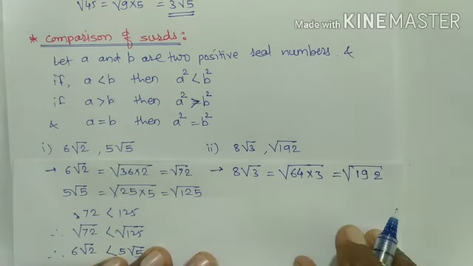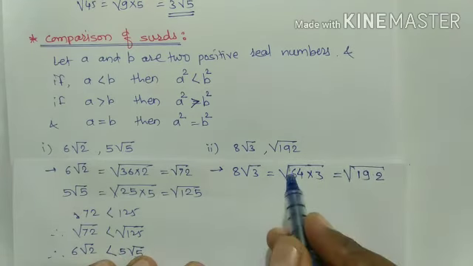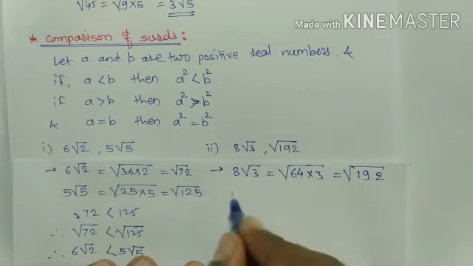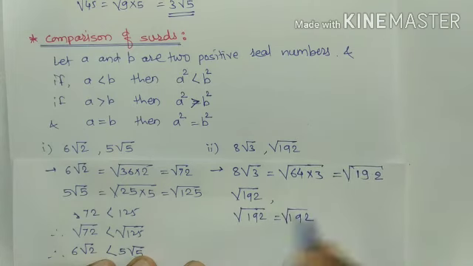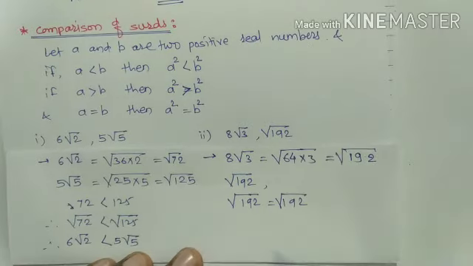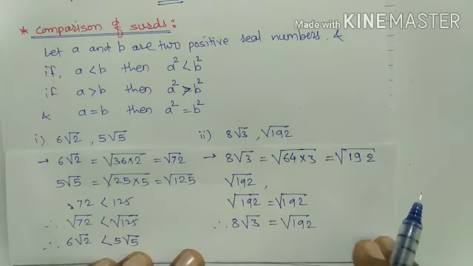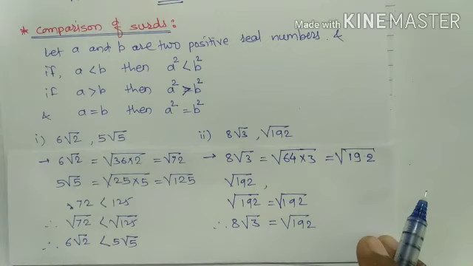This is 192. And the other surd is root 192. Now root 192 equals root 192, and therefore 8 root 3 equals root 192. Here these two surds are equal surds.